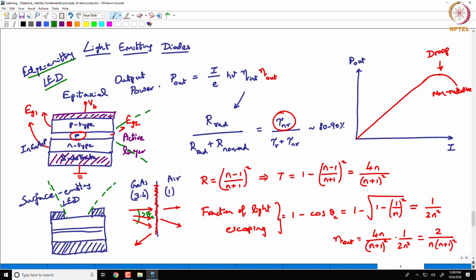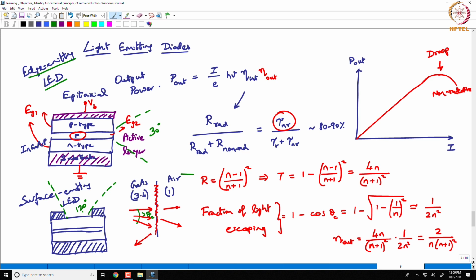So, surface emitting LEDs are typically able to support up to even a 120 degree range of angles, okay, whereas an edge emitting LED typically supports about a 30 degree range of angle. So, this is about 30 degrees here, and this could be all the way up to 120 degrees.